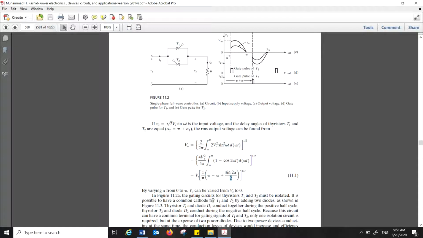Look at the figure. The gating circuits for the thyristors T1 and T2 must be isolated. It is possible to have a common cathode for T1 and T2 by adding two diodes, as shown in figure 11.3.